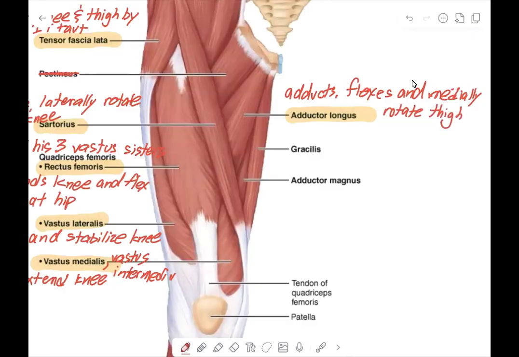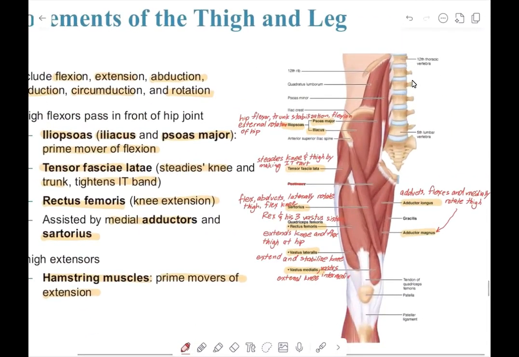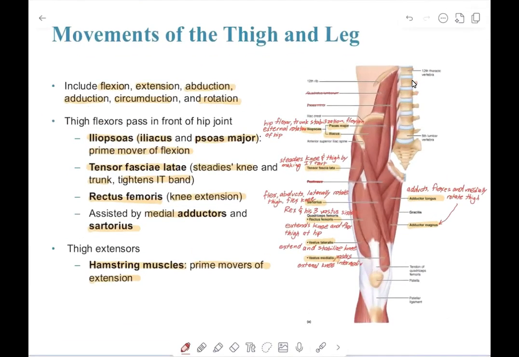And that's the same thing for the adductor magnus. So we can kind of add this function to the adductor magnus as well. The gracilis muscle we'll be seeing on the next slide, so we'll be going over that as well. The minor muscles, you're not responsible for. The same with the quadratus lumborum.